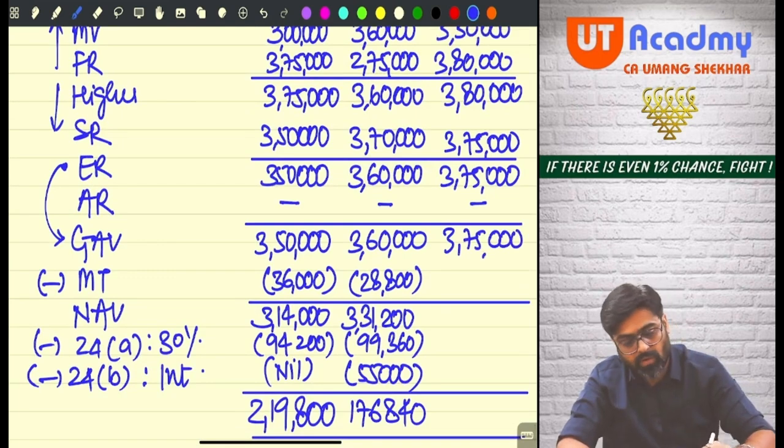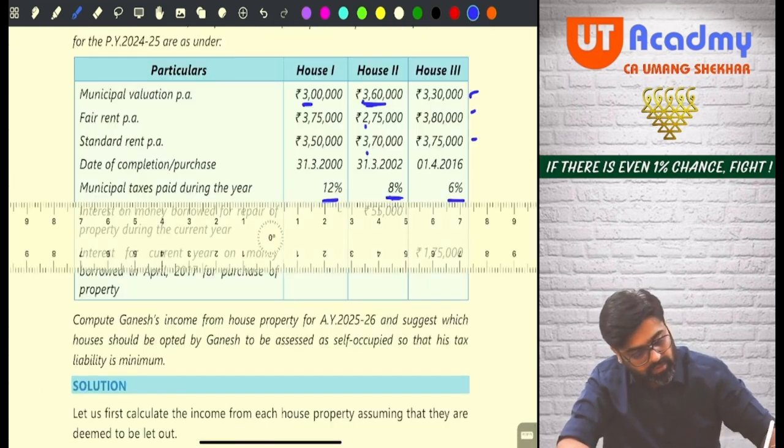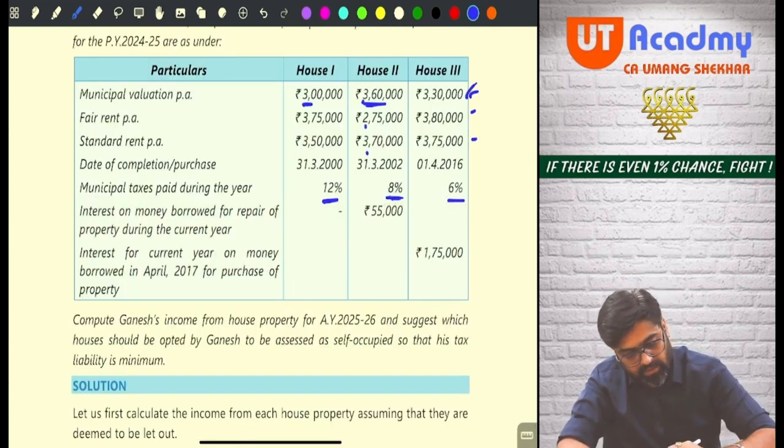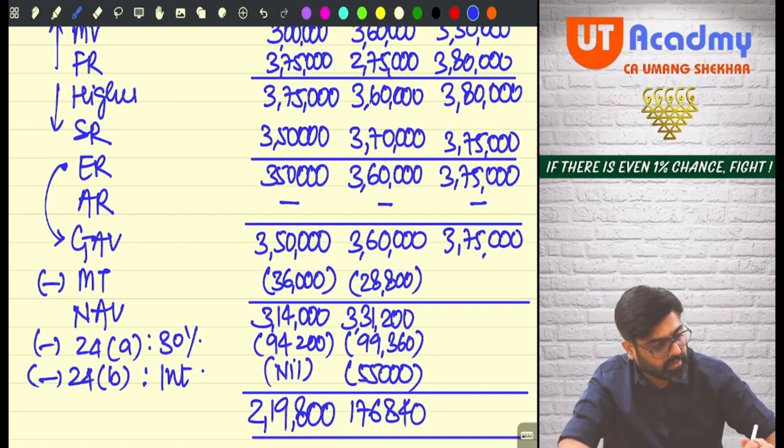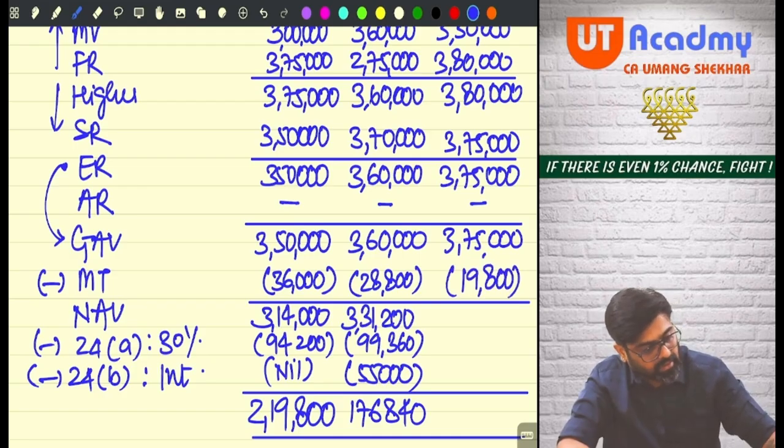Yes. Now, please check. 6% of 3,30,000 will be 19,800. Now 3,75,000 minus 19,800 will give you 3,55,200. Take 30% of that.